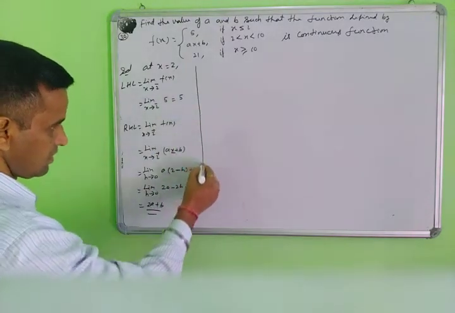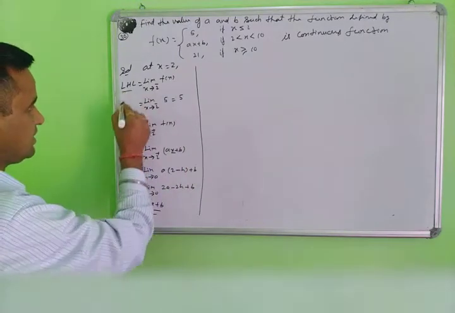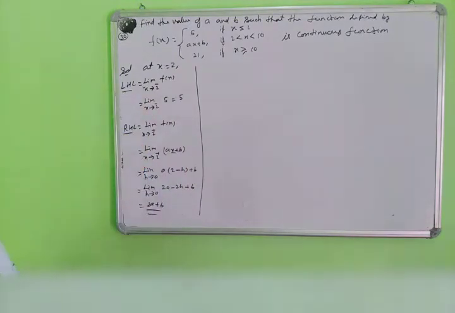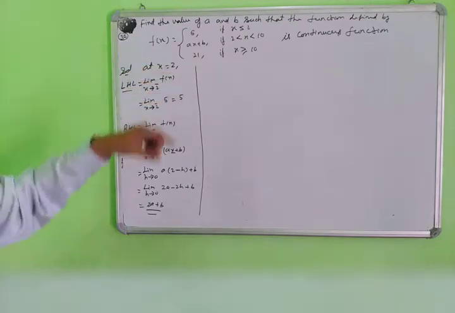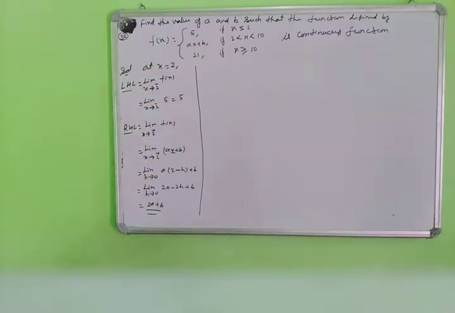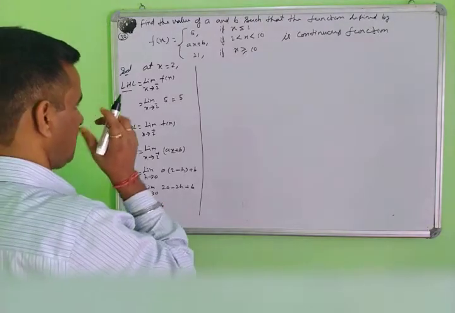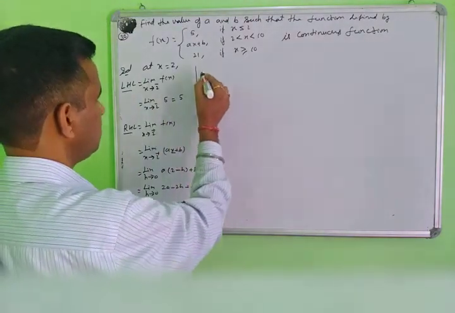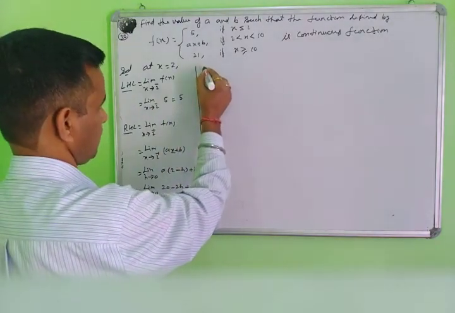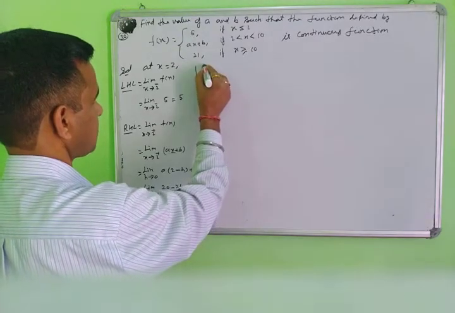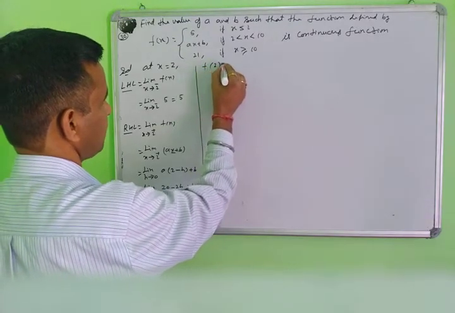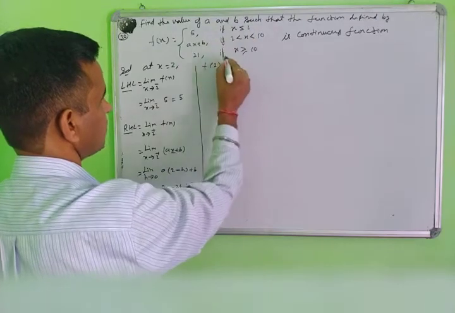Similarly, this is the LHL and this is the RHL, and the condition given is that the function is continuous. The value of the function f(2) is equal to 5.